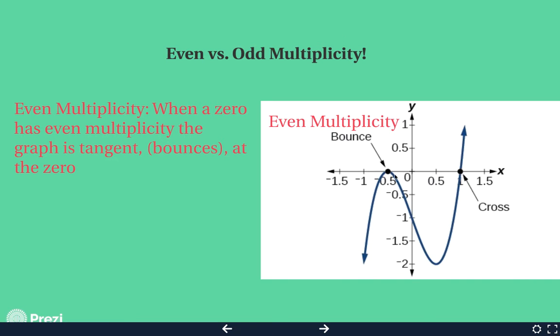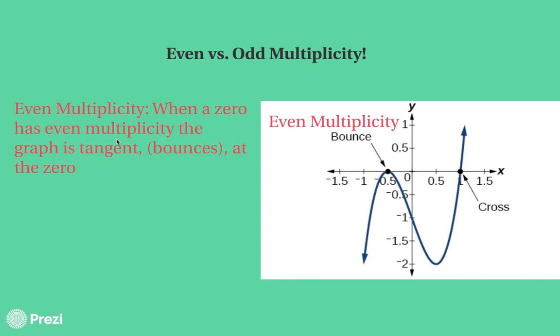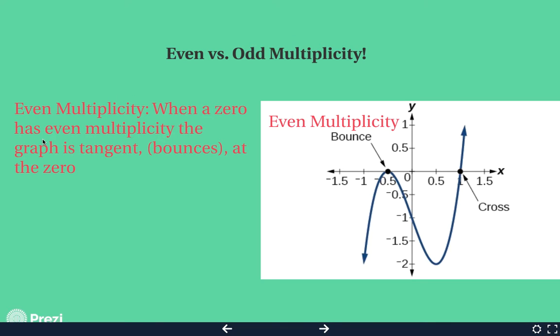If you see a graph behaving like that, it has even multiplicity. Or if you reverse it, when a zero has even multiplicity, you know the graph is tangent or bounces at the zero. So if you have the equation in factored form, you already know how the graph is going to behave, which is really cool. Or if you have the graph, you already know at that zero what the exponent's going to be. Okay, at that zero, it's going to have an even exponent.